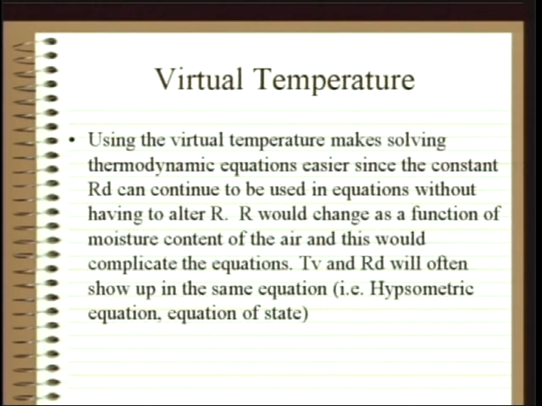R would change as a function of moisture content of the air, and this would complicate the equations because a different sample of air is often going to have different amounts of water vapor within that air, so that's going to change the average molecular weight of that air.